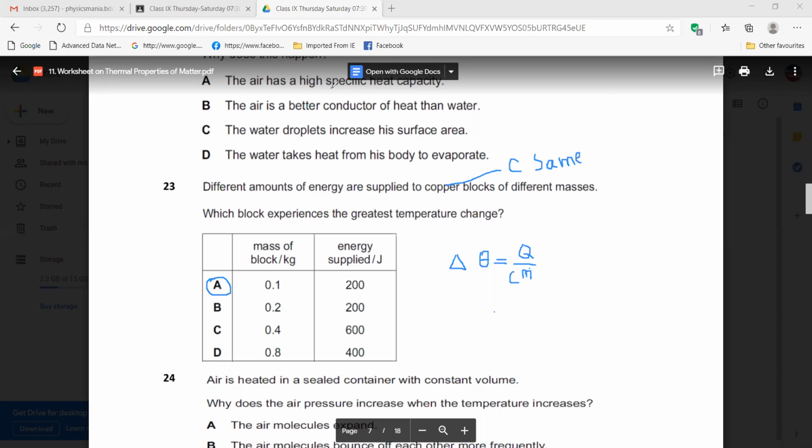So no problem. We can go to 24, right? Till 23 you understood, right? Yes, sir. So do you think these are very difficult, or beyond your knowledge? No, sir. So why are you saying that you don't understand or don't get the answer?